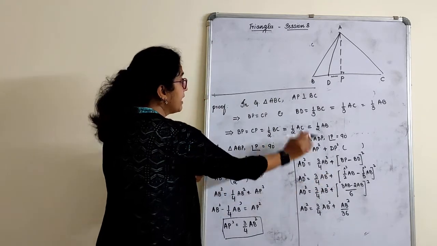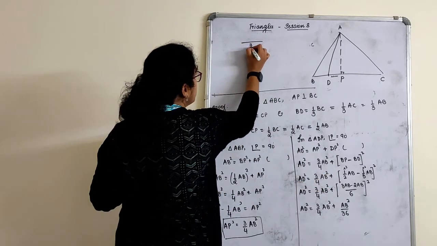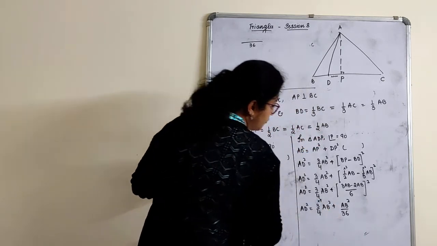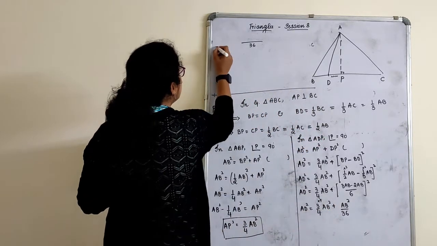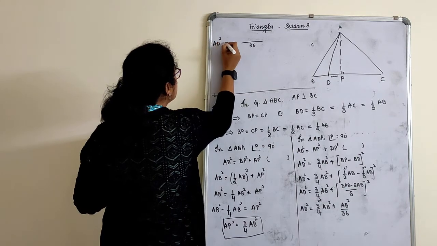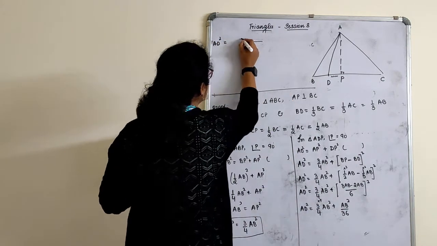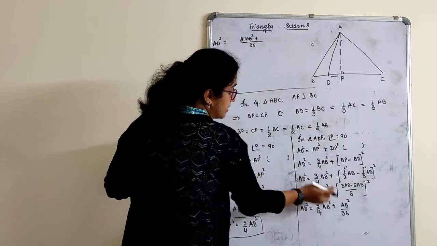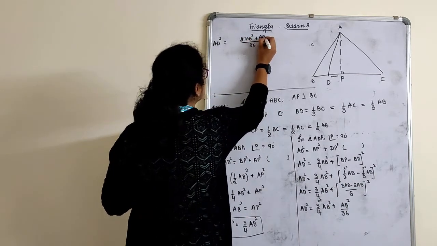So there, if I take LCM, what do I get? 36 is LCM. So 4 9s are 36. AD square is equal to 9 3s are 27 AB square plus AB square.